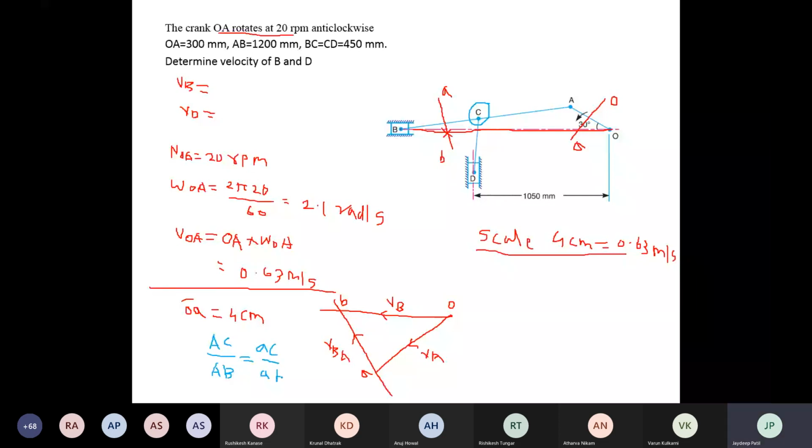All the dimensions are in centimeter. The distance AC you have to measure from the vector diagram, or it is given here. OA, AB, BC is given here, 450 mm, and AB is given here, 1200 mm. Means you will get here, how much?